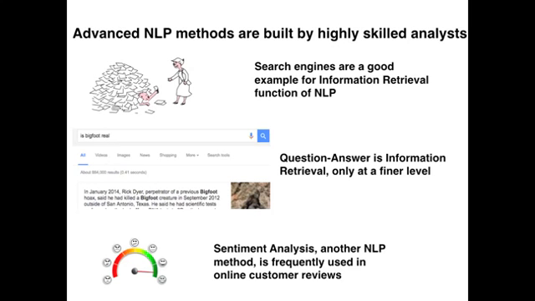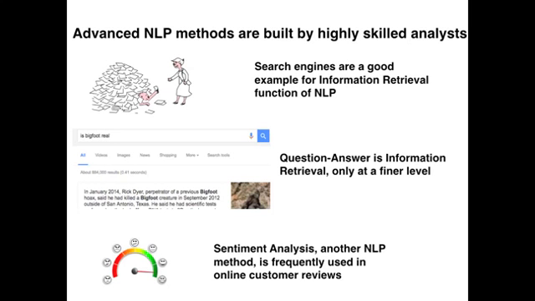Let's look at some examples which we use in daily life. Information retrieval is an advanced NLP method which develops algorithms for retrieving documents from a given repository. Search engines such as Google and Yahoo are a good example for this method.